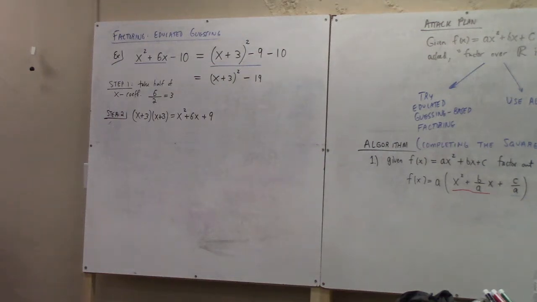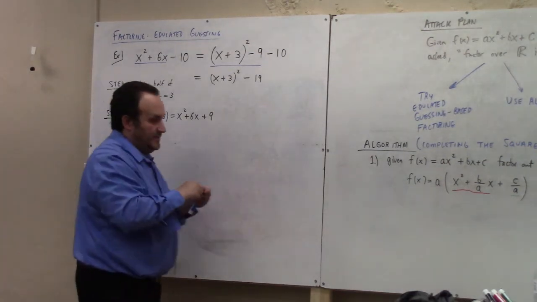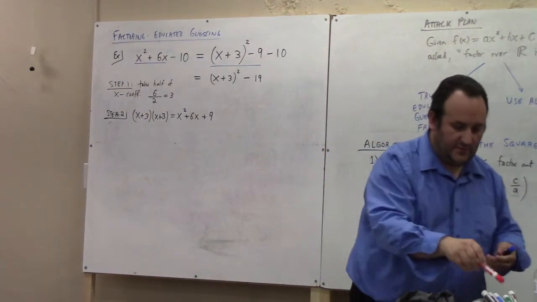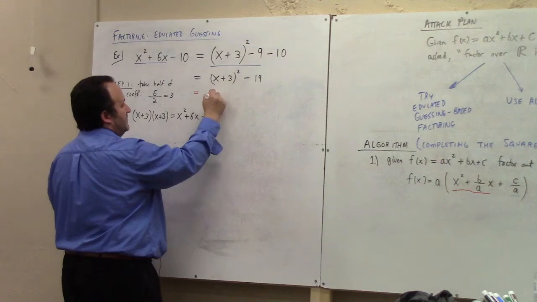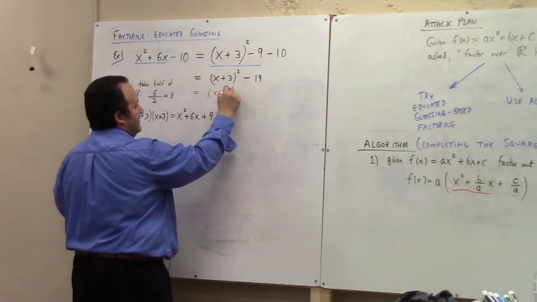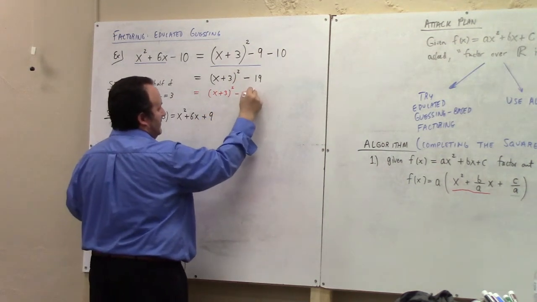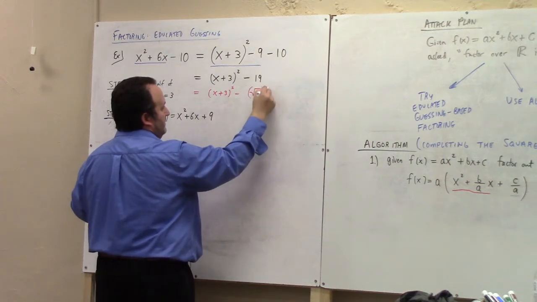The thing is, when we complete the square, we'll have x plus something squared with a number, either added or subtracted, all right? If the number is subtracted, then we can look at this. Just use your imagination, and you can see that this is x plus 3 squared, minus the square root of 19 squared.